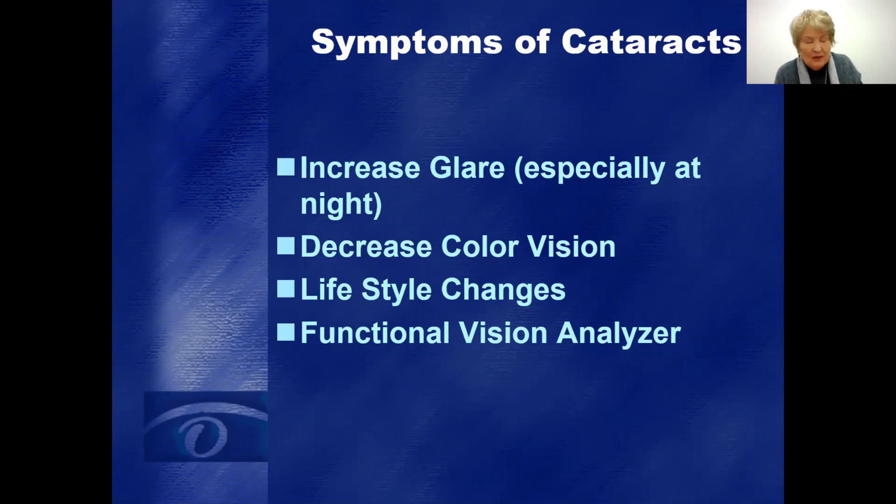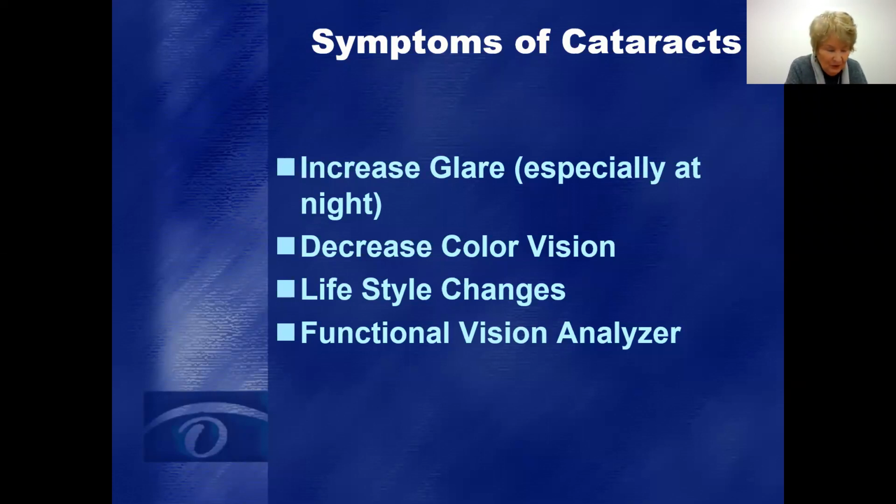When you come in to get your eyes examined, normally we will put you in a dark room. We show you these bright white letters on a black background, and we get you to a really good visual acuity. And you say, well, I'm seeing well in here, but in my real life, I don't see that well.